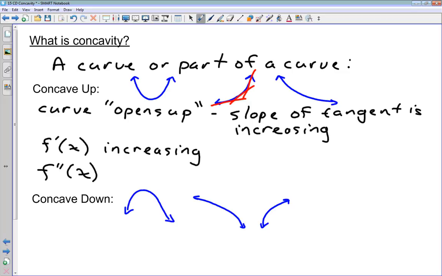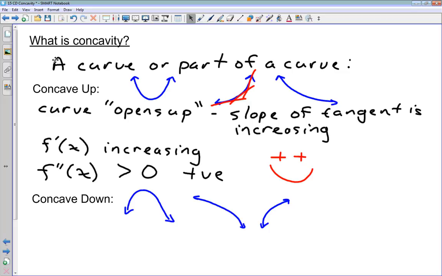So if our first derivative is increasing, our second derivative must be greater than 0. So our curve is concave up if our second derivative is positive. So how can we remember that? Well, we can imagine we're looking at our second derivative. If it's positive, our curve is concave up.